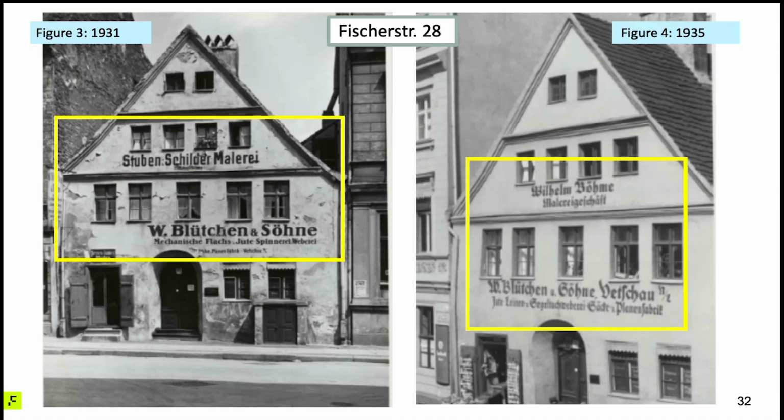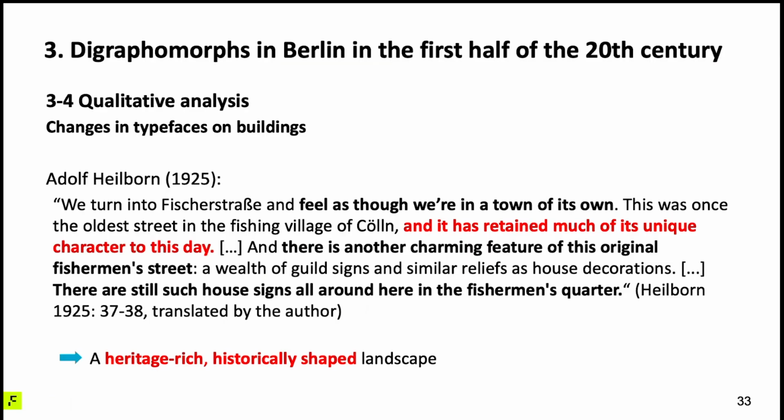And this building was also shown at the beginning of my presentation, and its lettering was similarly changed from Roman typefaces to Blackletter. A reason for these changes couldn't be found in the literature.